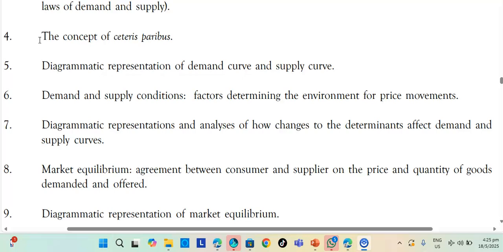Now, the first factor we are going to look at is the price of the good or service. Now, let's see if you remember. The higher the price, what will happen? Producers will supply more to earn more profit.